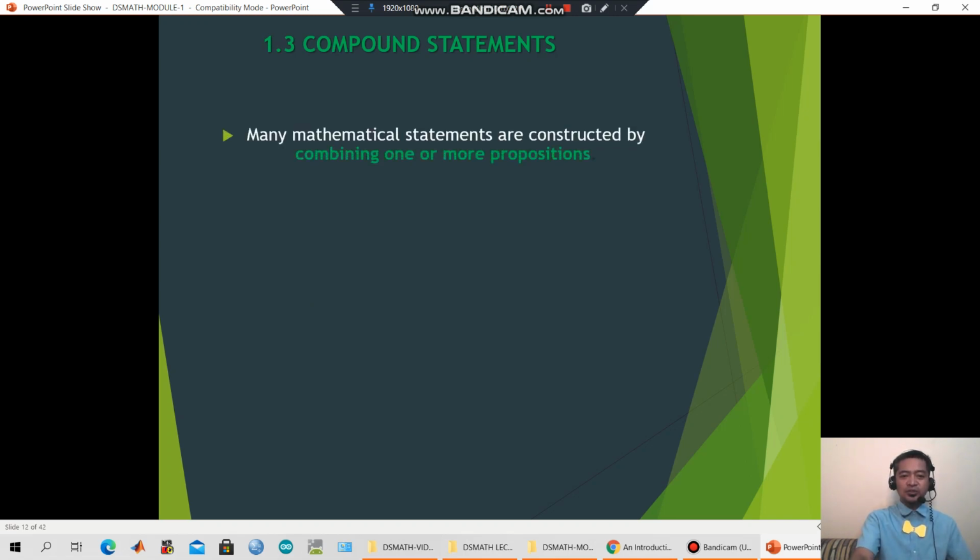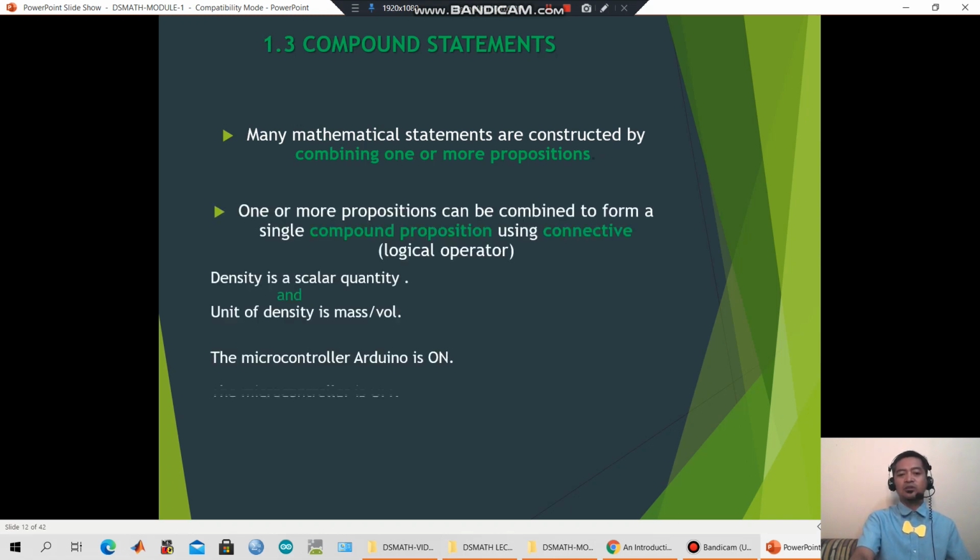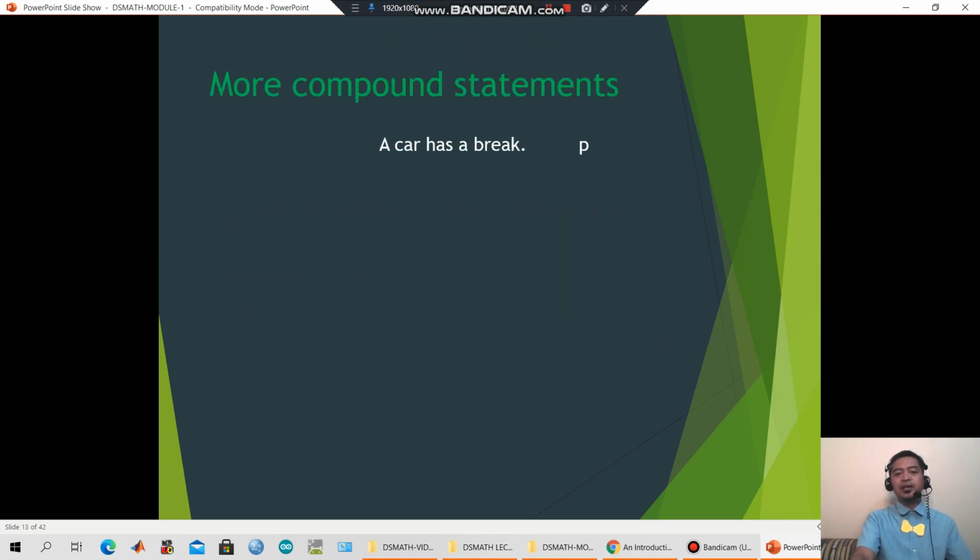Okay, more compound statements rather. Okay. A car has a brake. So, let that statement be denoted by variable P. P is a car has a brake.